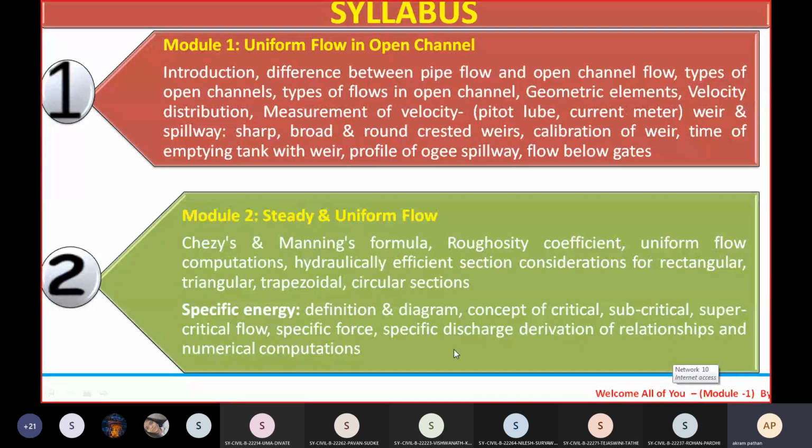We also saw how to calculate the critical velocity, critical depth, E minimum and total energy with the help of numerical problems. So almost all of module 2 we have covered. Now after having the knowledge from module 2, we are going to learn notches and weirs from module 1 onward in this syllabus.